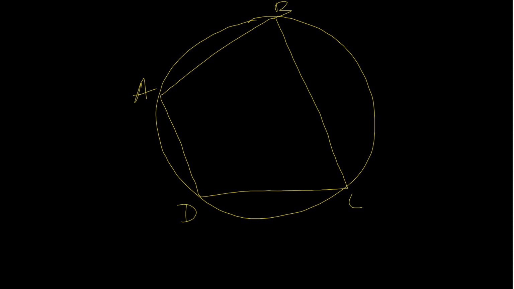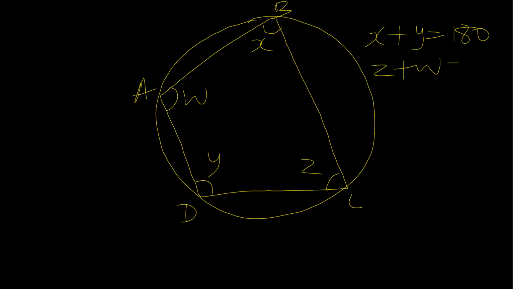So this is a cyclic quadrilateral. What is it trying to tell us? They say that the opposite sides of a cyclic quadrilateral will sum up to 180. So if you have this x and y, it means x plus y is equal to 180, okay? If maybe you have z here and you have w here, z plus w will give you 180, okay? So this is what it means.